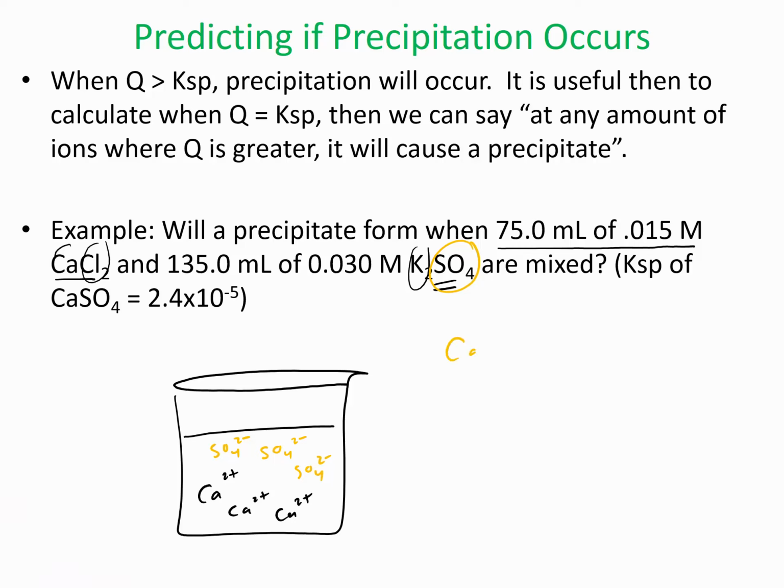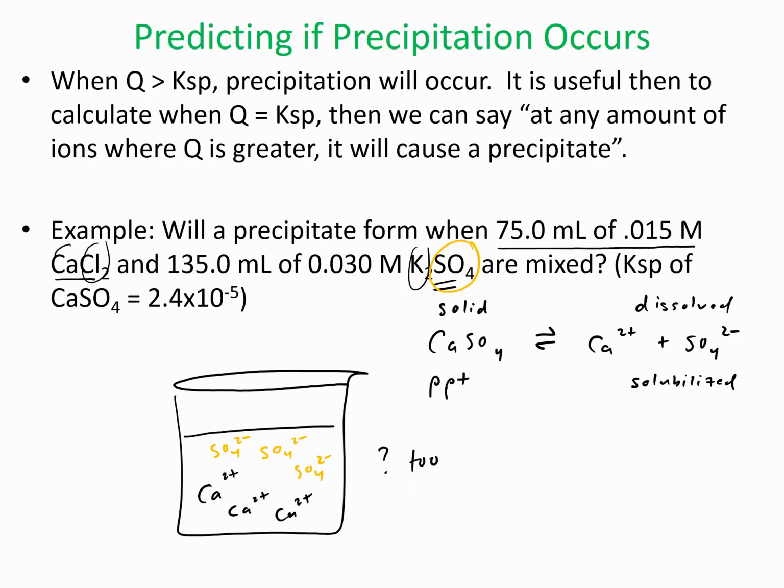Here's our precipitation reaction: CaSO4 is the solid precipitate side, and this is the dissolved, solubilized side of the equilibrium. Are there too many ions, or are there not enough ions? That is what we're trying to answer here.